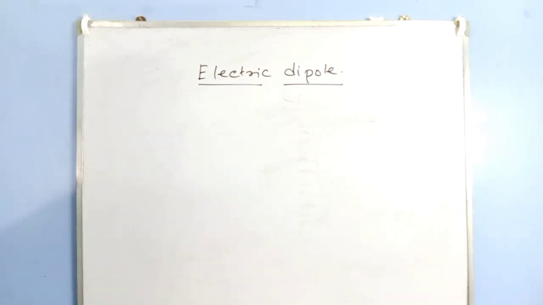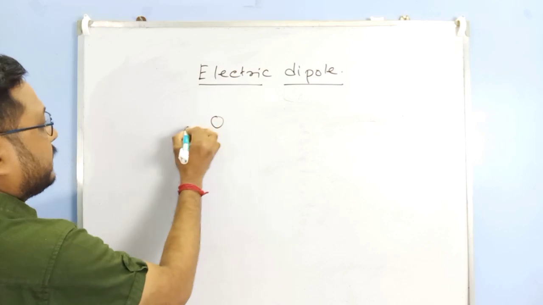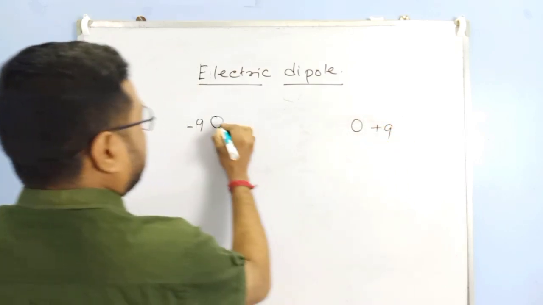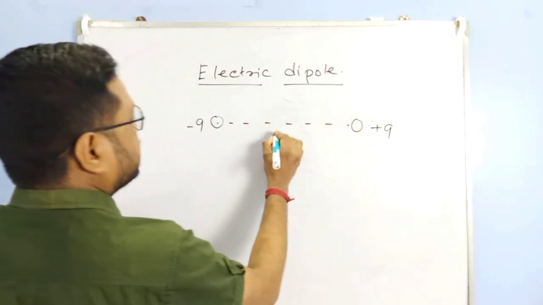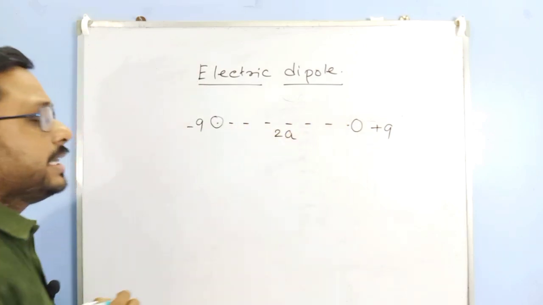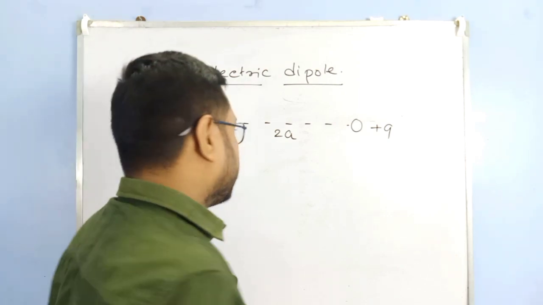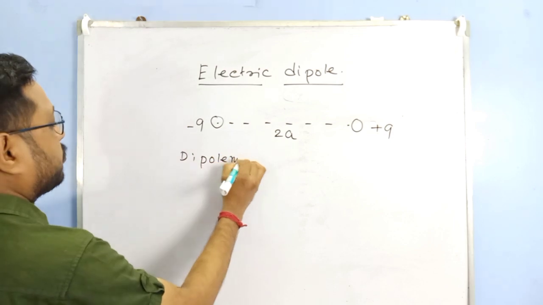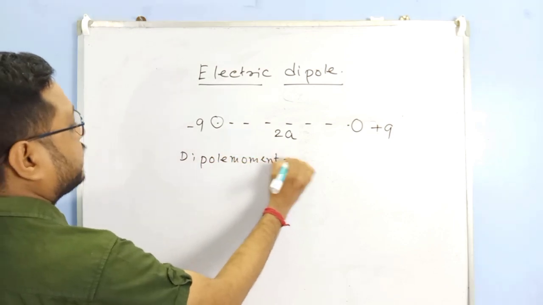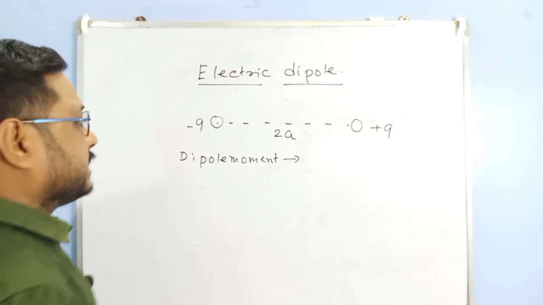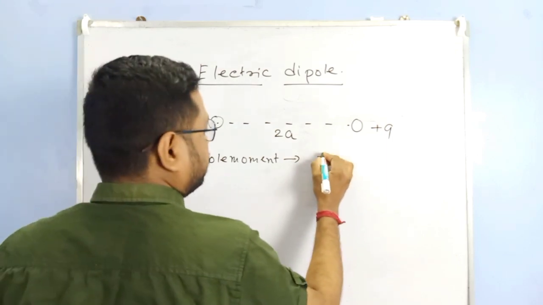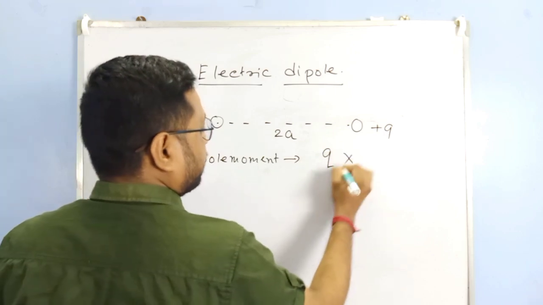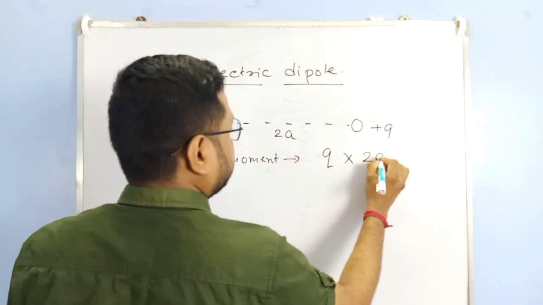So what is an electric dipole? When a negative charge minus q and a positive charge plus q are separated by a small distance, let's say 2a, then a dipole is formed. Now, what is called the dipole moment? The dipole moment is the product of the magnitude of either charge, here we can say only q, multiplied by the distance between them.